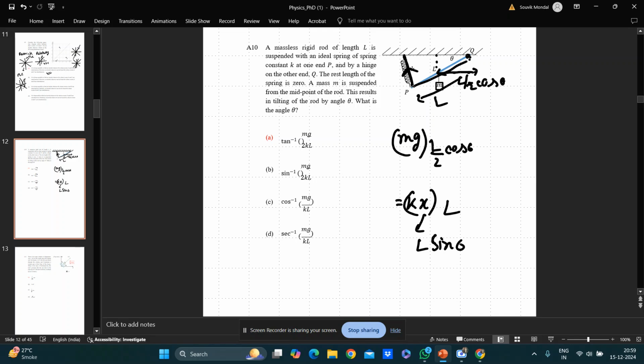This height is L sin theta. I am approximating that this height is almost the same as this, because this is a very small base triangle. So it is approximately L sin theta.